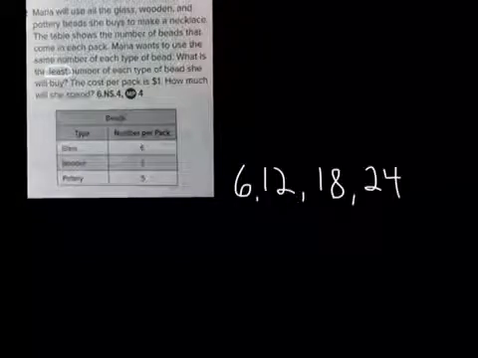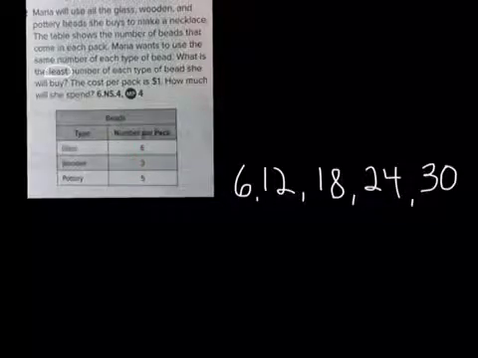So if we're counting by 6, we have 6, 12, 18, 24, and 30. If I count by 3s, I know all of these numbers are also multiples of 3, right? So any of these could be a multiple of 3, but 5 is not a multiple of any of these except for 30.